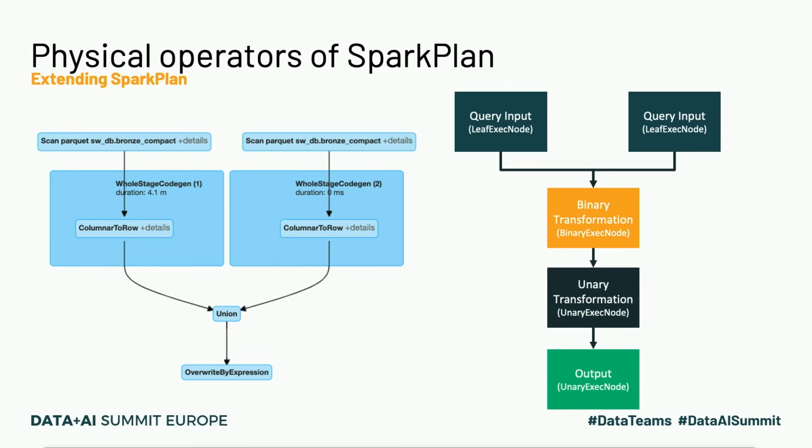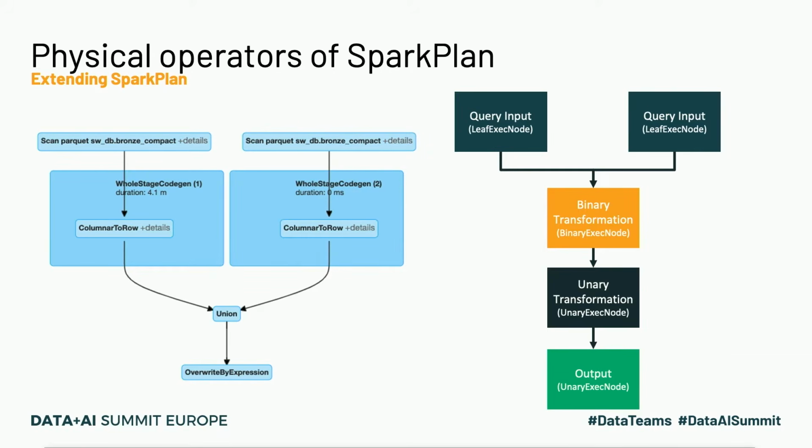If you generalize these, you can look on the right and see that certain operators extend from the leaf exec node in the source code. These are typically scans that read from disk or from memory or reuse results from other queries. This is followed by one or more binary or unary transformations.